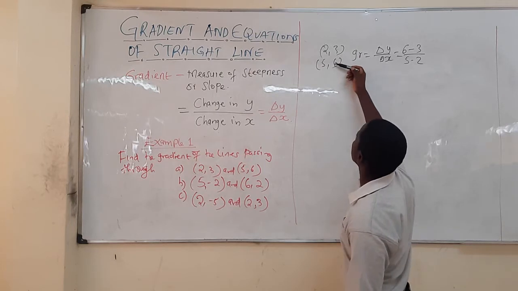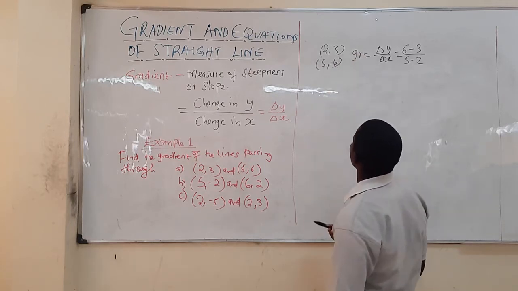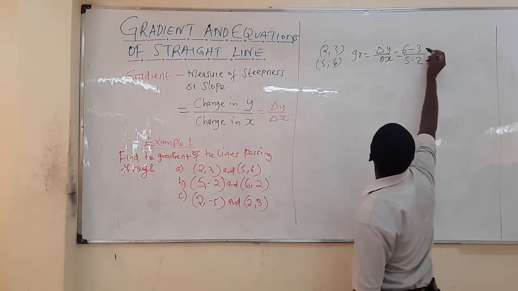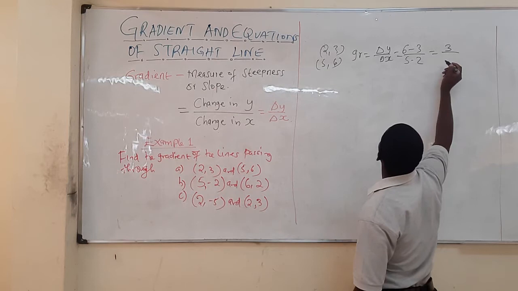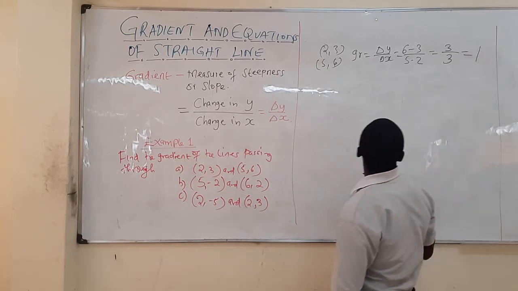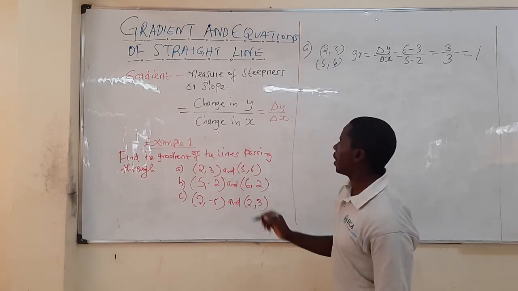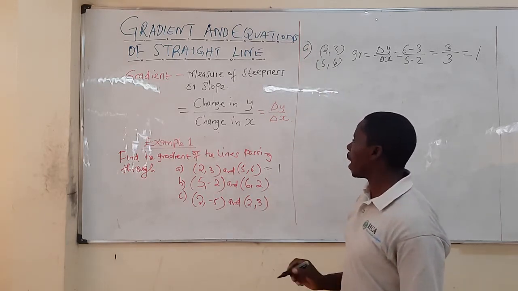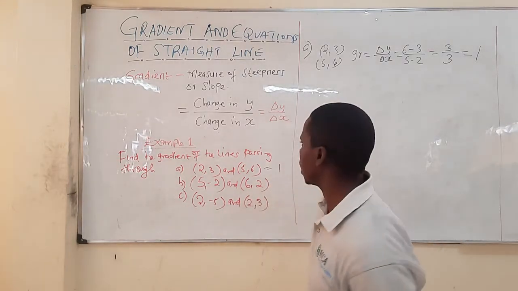If you start with the second point, also for the x-axis, start with the second point. So 6 minus 3 is 3, and 5 minus 2 is 3. Then 3 over 3 is equal to 1. So the gradient of the first one is equal to 1. That's the gradient.